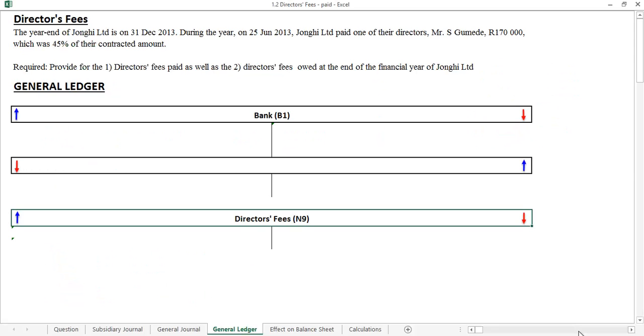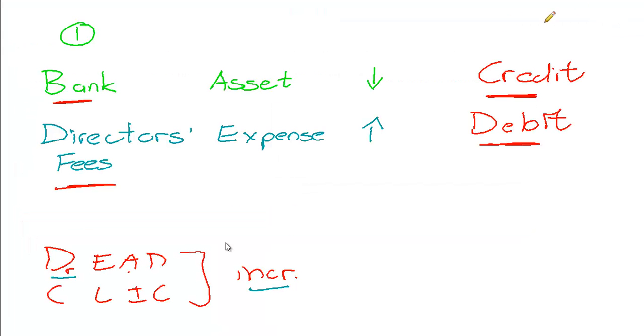So let's go back here. My director's fees is an expense, so let's make it an expense. That's an income, sorry. Let's make it an expense. And an expense increases on the debit side and decreases on the credit side. And we said our expense increased by 170,000 Rand. My bank, we said that bank is an asset, all right?